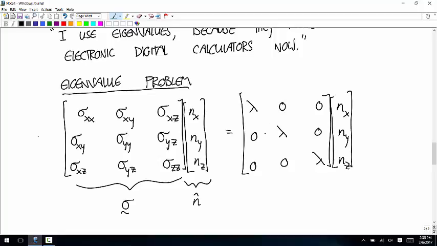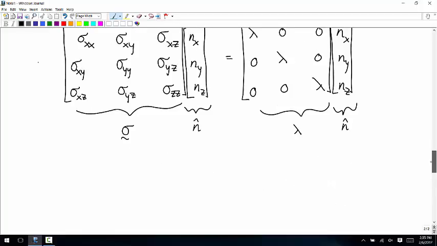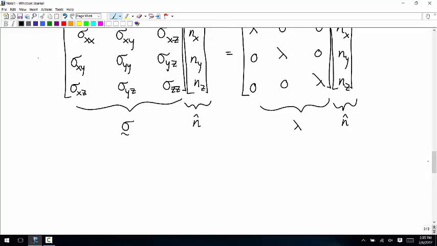You could multiply that out and see that that works out to be exactly like multiplying the outward facing normal by a constant. Now we can subtract the right side from both sides and rearrange it, and you can rewrite this problem like this.